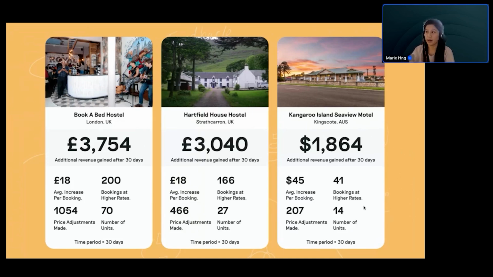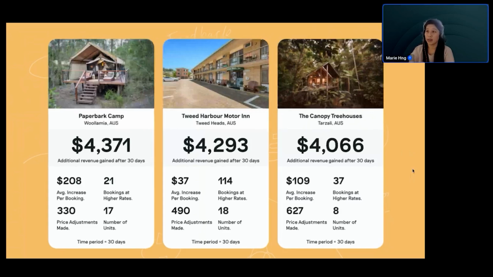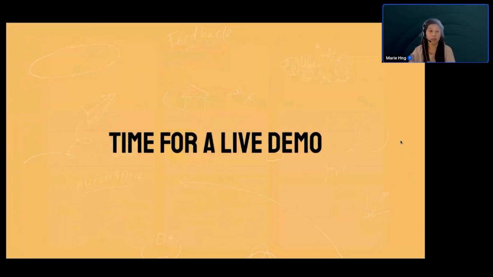All these properties have seen a significant increase in their revenue. Okay, cool. Those examples are also on our website, so you can jump in there and have a look in a bit more detail. And we've got some customer success stories as well on our website, but we'll link that later on.